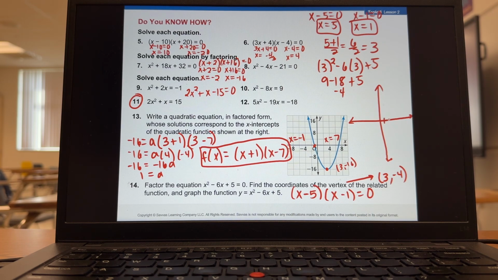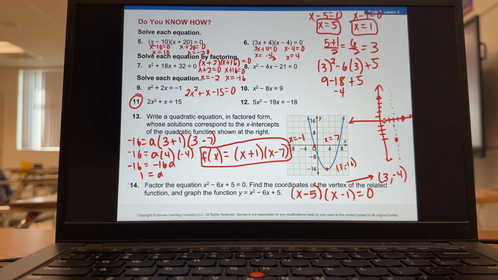So 1, 2, 3, 4, 5, that's 1, 0. Positive 1 is another 0. 1, 2, 3, 4. 1, 2, 3, it's halfway. 3, negative 4 is my vertex. My y-intercept is a positive 5. 1, 2, 3, 4, 5. You don't have to draw your axis, but I like to draw it.